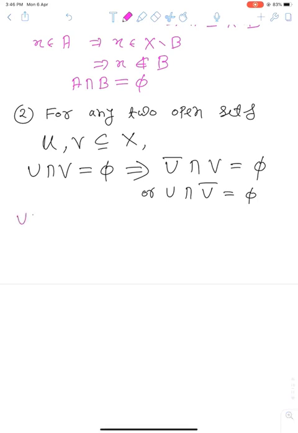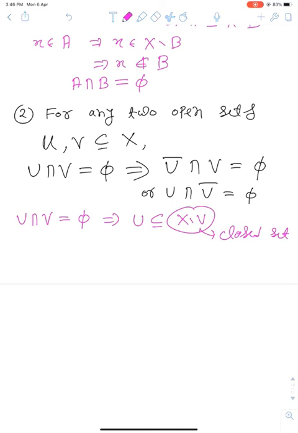Since U intersection V is empty, that will imply U is a subset of X minus V. Now what is V? V is an open set, therefore this is a closed set. Now U is a subset of a closed set.